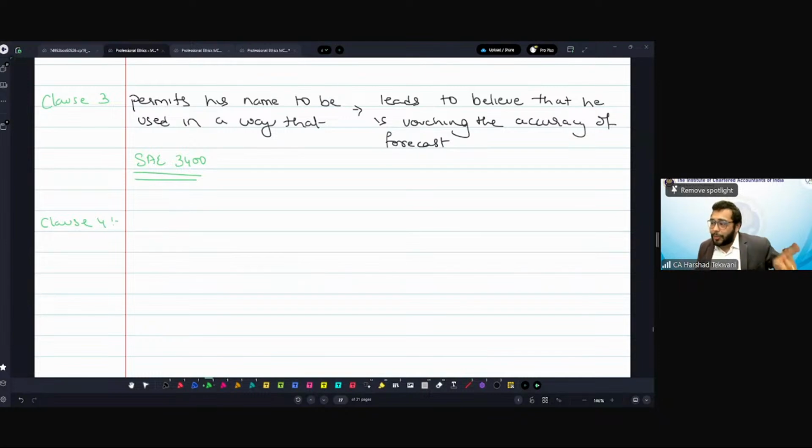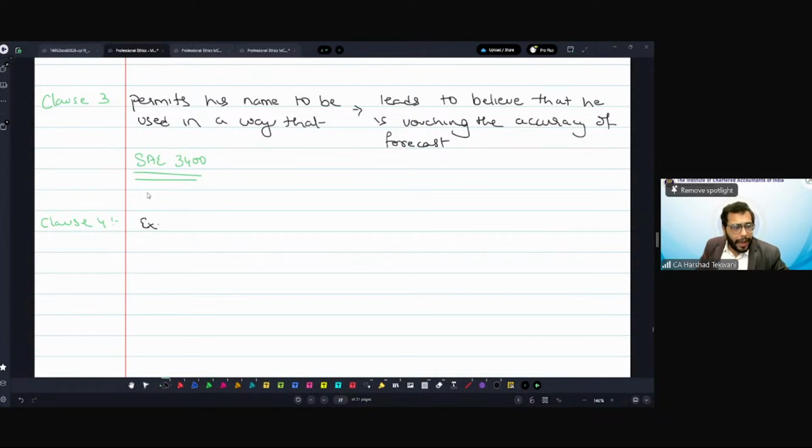That is, I'm expressing an opinion on the financial statement of any business or enterprise where my firm or I am substantially interested. So I cannot do that because independence is not there. I am not independent at that particular place, so I cannot issue an opinion.